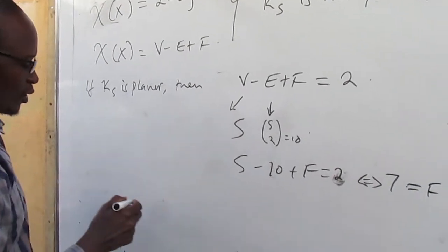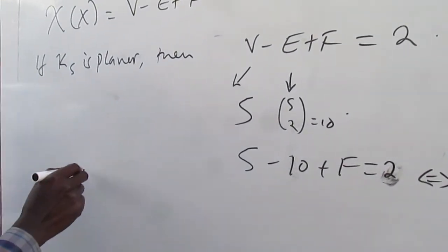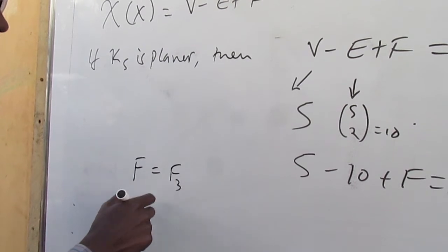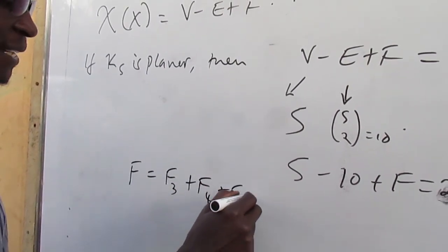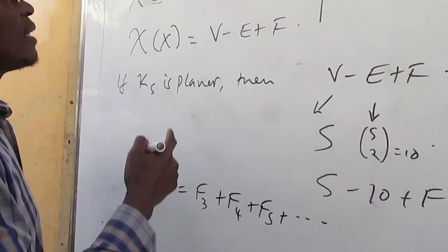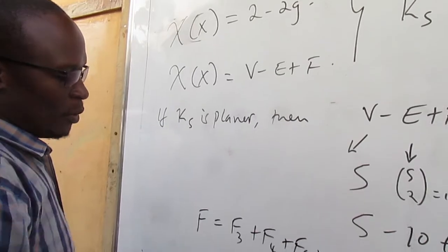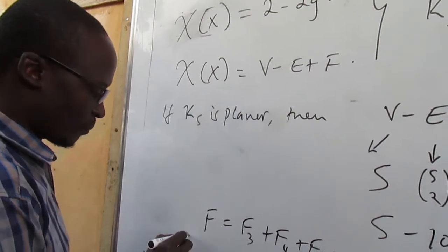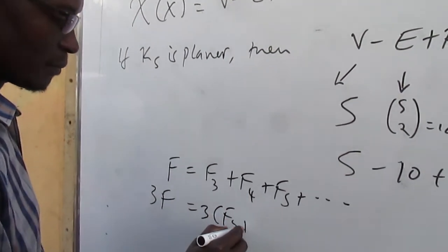To check that this is not possible, we know that for any given tiling, the number of faces is given by f3 plus f4 plus f5 and so on, because what we were calling graphs are nothing but complexes. So for complexes we have faces from trigon and so on. If we multiply this expression by 3, we'll get the following.